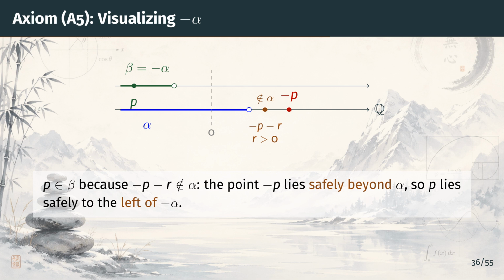It sits strictly to the right of alpha, and minus P minus R also sits outside alpha, confirming that minus P is safely beyond the boundary by a buffer of size R. Reflecting across 0, the point P lands on the upper line strictly inside beta. That buffer R is the key. Without it, P could land exactly at the boundary of beta, giving beta a largest element and ruining the cut property. Now let's verify that beta is indeed a cut.